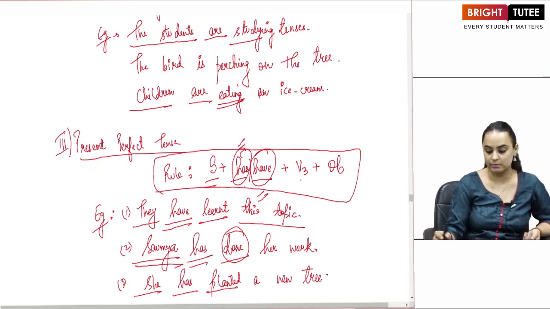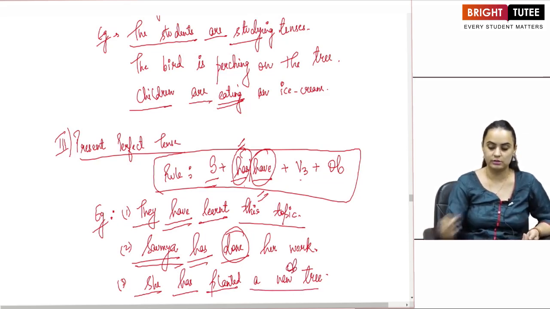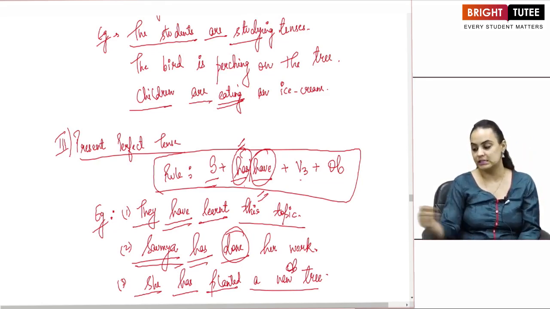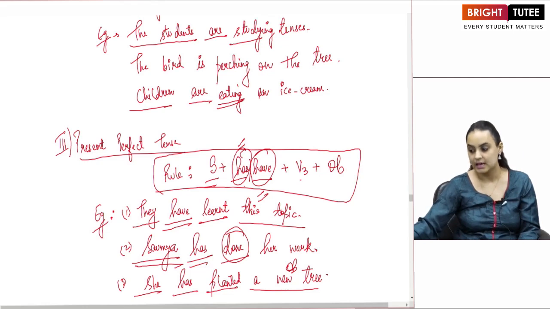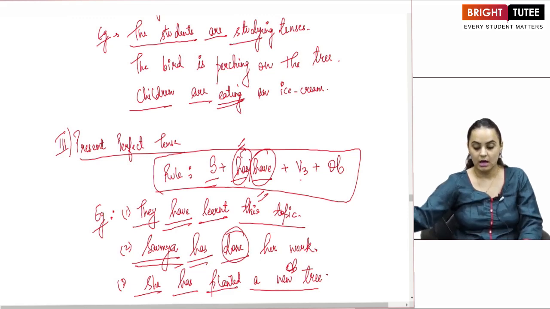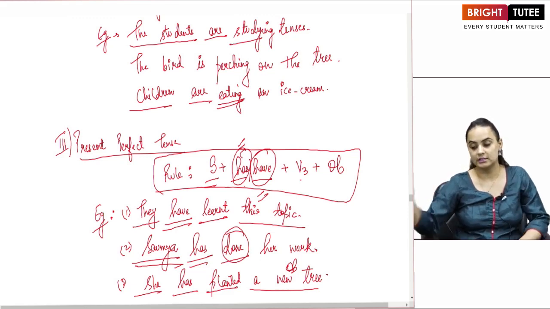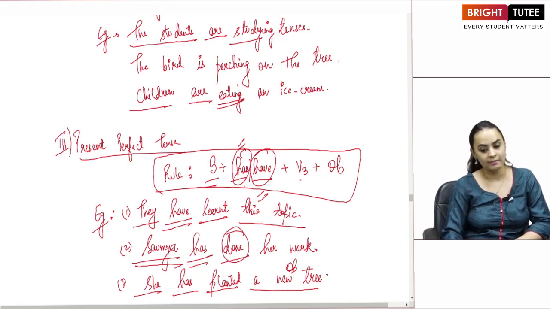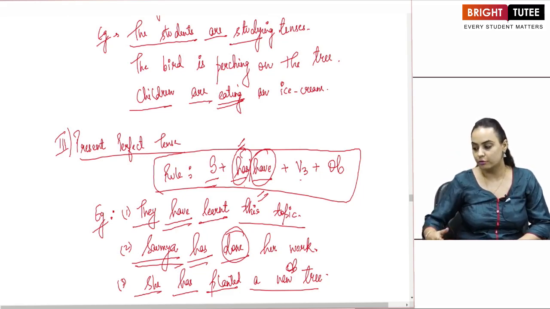And what has she planted? A new tree, which is my object. So, the basic rule of the present perfect tense is that we have to first write the subject followed by either has or have, then the third form of the verb followed by the object.